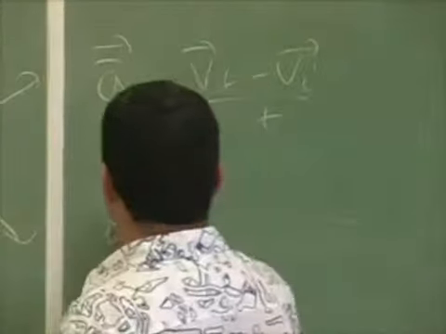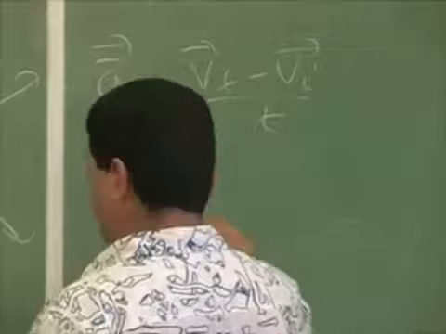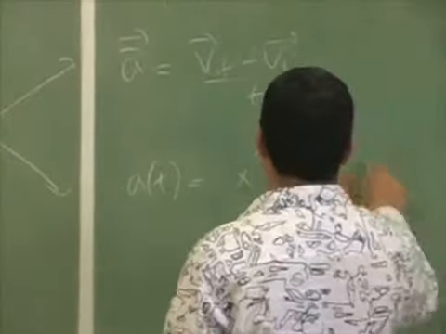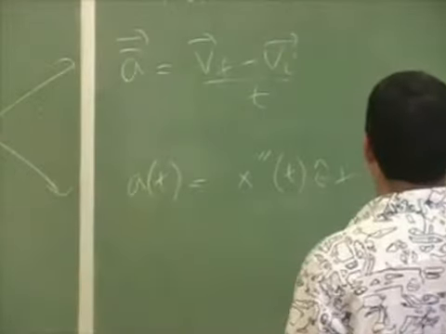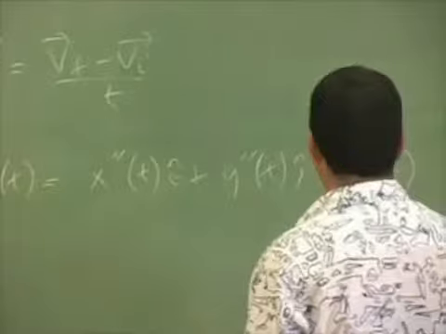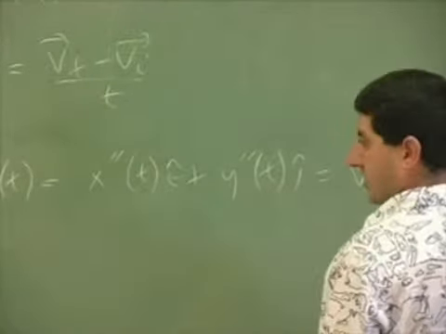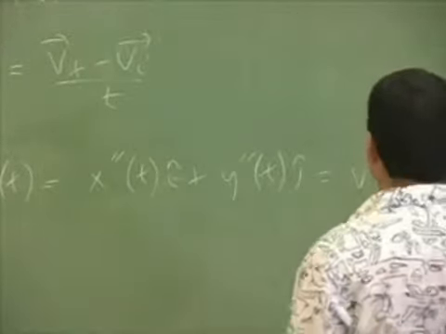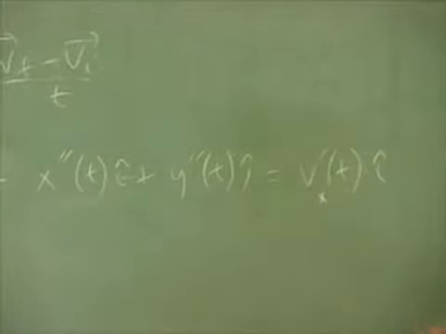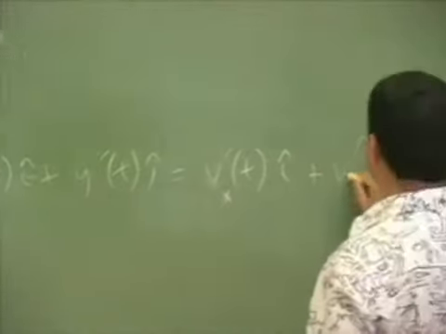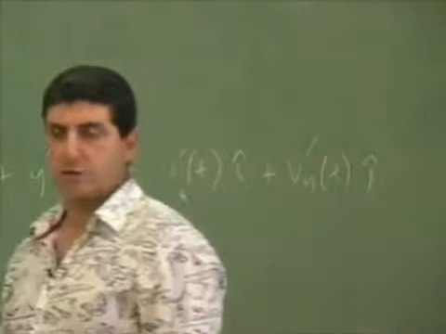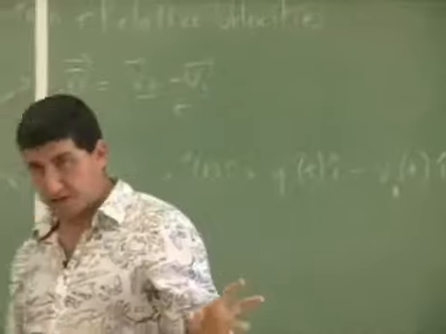And then the instantaneous acceleration is going to be x double prime of t i hat plus y double prime of t j hat, which is the derivative of the velocity, v prime of t, v x prime of t. In other words, the derivative of the x component of the velocity plus the derivative of the y component of the velocity, j hat. So there's the average acceleration, there's the instantaneous acceleration.